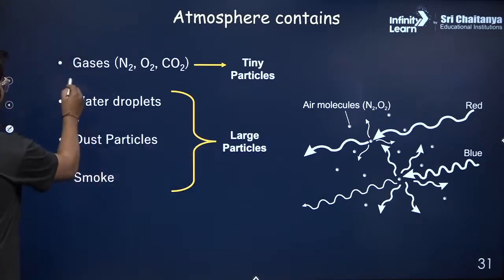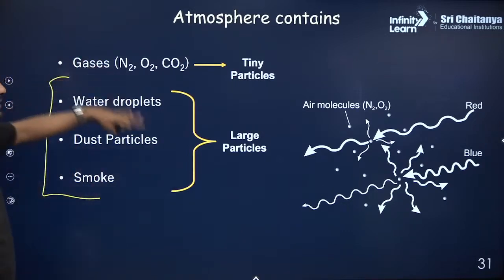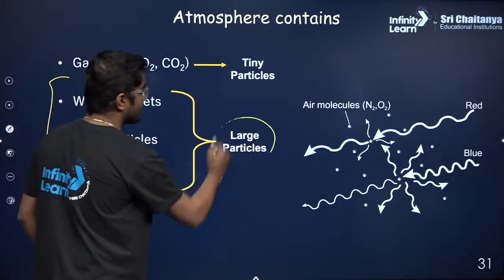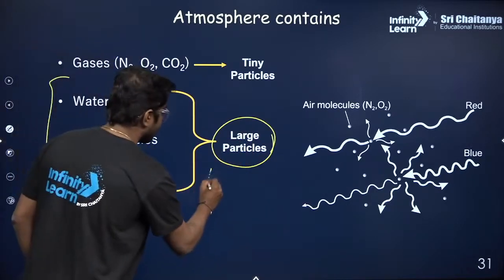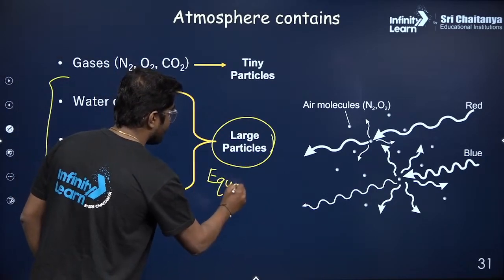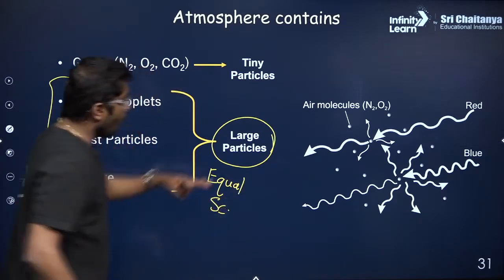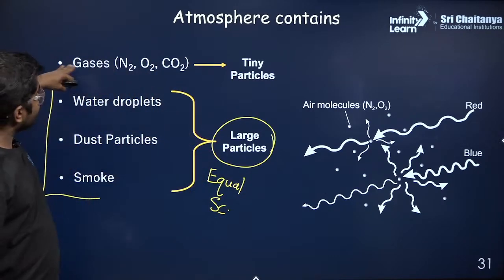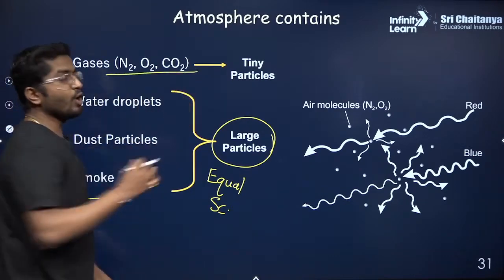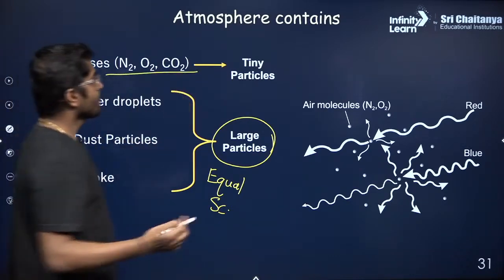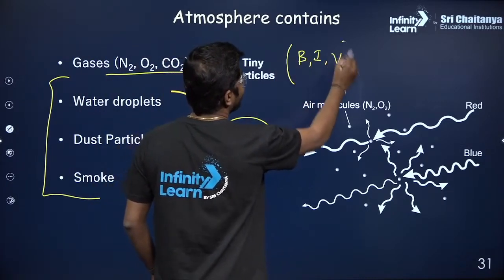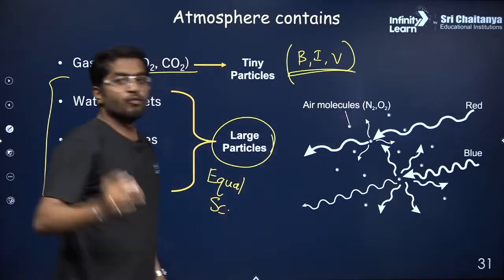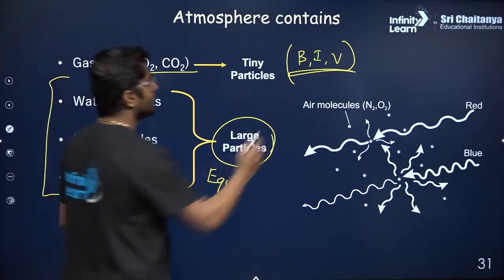If the light falls on these, all the colors will be scattered equally. So it is equal scattering for all colors. But if the light falls onto the tiny particles, the molecules or gases, then blue, indigo, violet will be scattered most.